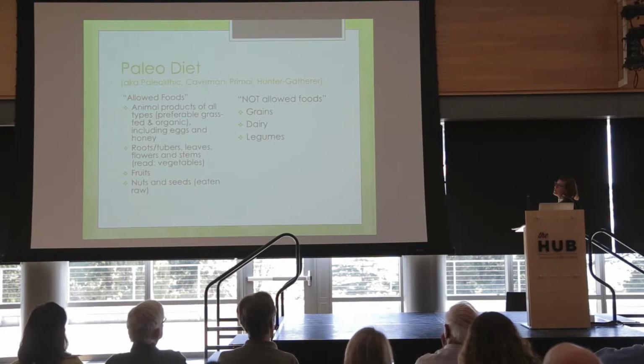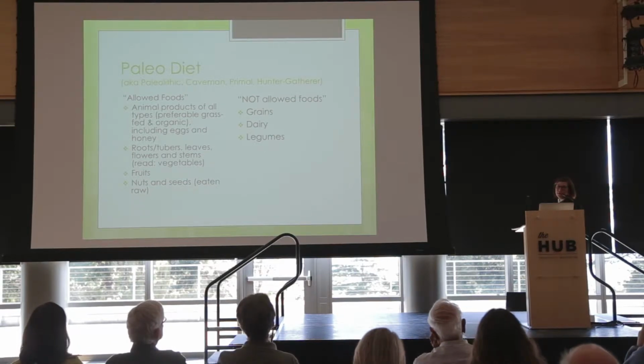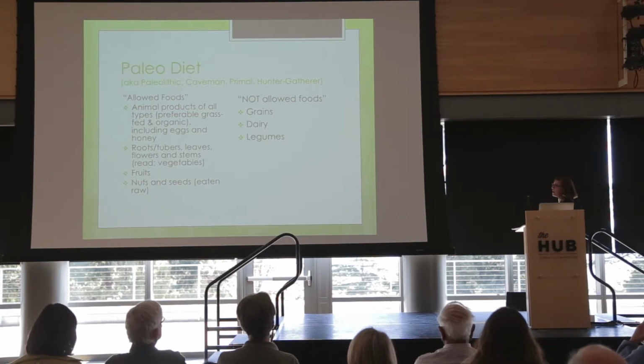It does allow a lot of animal products, but does recommend the grass-fed, organic, free-range meats, poultry, fish, eggs, honey. All of those are allowed on this plan. Roots, tubers, so things like potatoes, sweet potatoes, leaves, flowers, stems, or just vegetables.